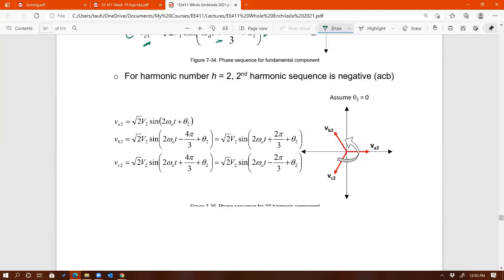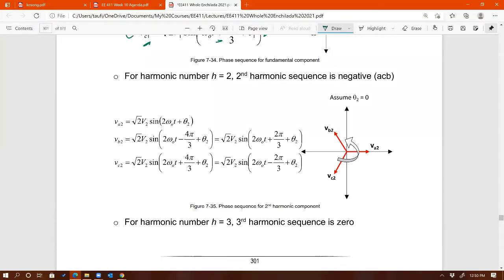What happens if I plug in h equals 2? If h is equal to 2, then of course the equations change now to these three equations: the second harmonic for A, for B, and for C. Look at what happens to the three equations after you plug in h equals 2. Look at the angle. VA is still at 0.